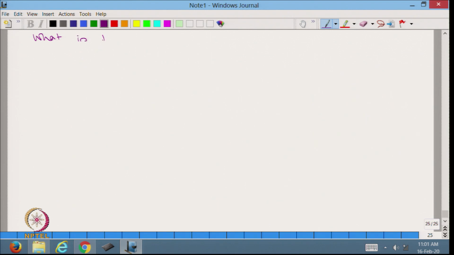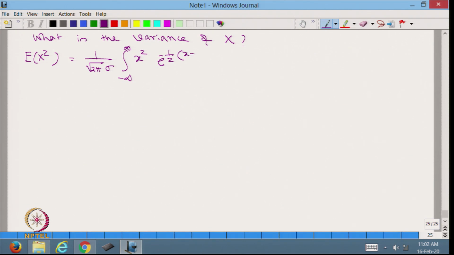What is the variance of x? Expectation of x square is equal to 1 over root over 2 pi sigma minus infinity to infinity x square e to the power minus half x minus mu by sigma whole square dx. Put x minus mu by sigma is equal to z.